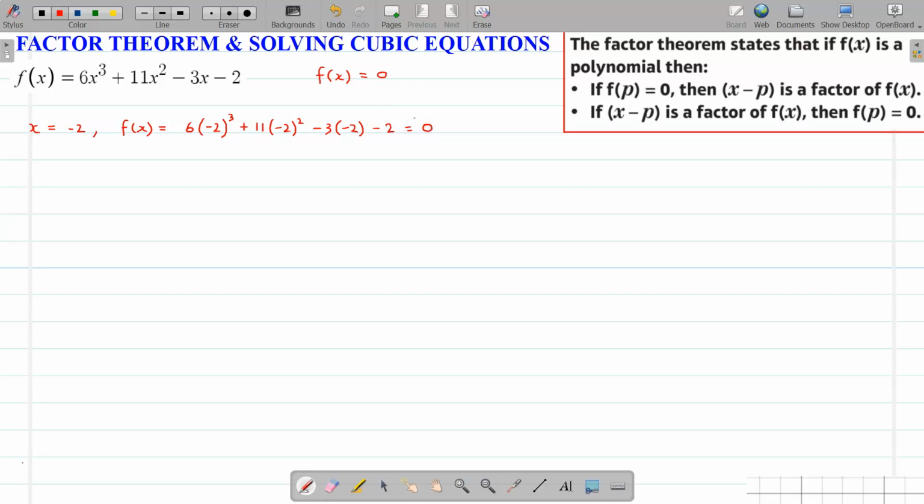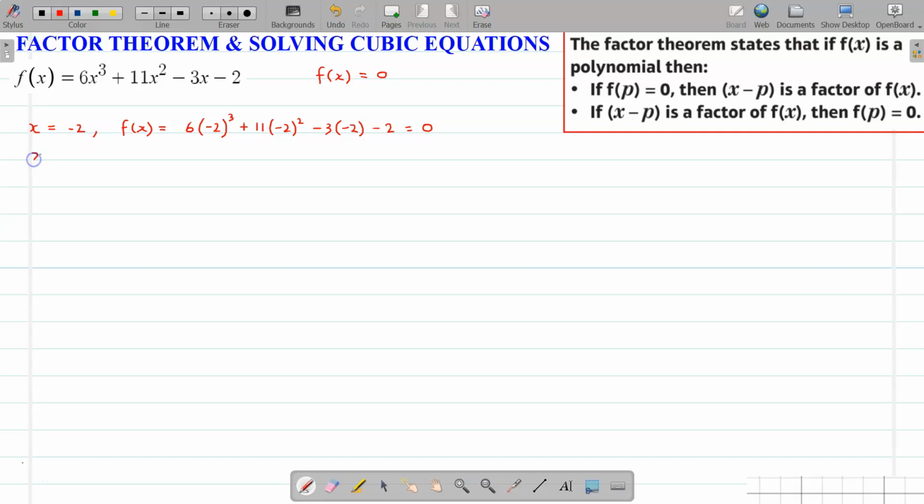So we know for sure that x equals -2 is one of the solutions to that cubic equation here, equaling 0. And we also know, therefore, that x minus p is a factor. Okay, so because our solution, our p is -2, x minus -2 is x plus 2.